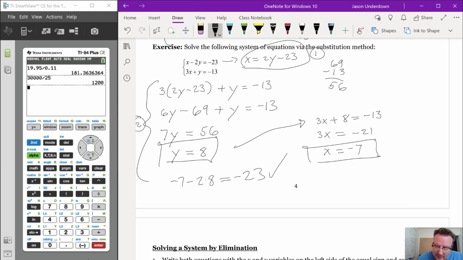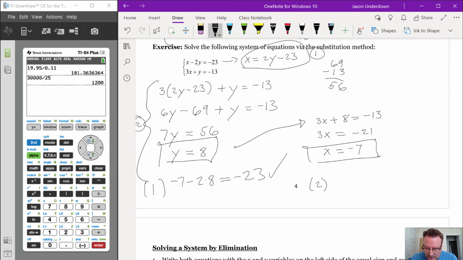Let's check equation 2. Oh, sorry, we did check equation 1 already.